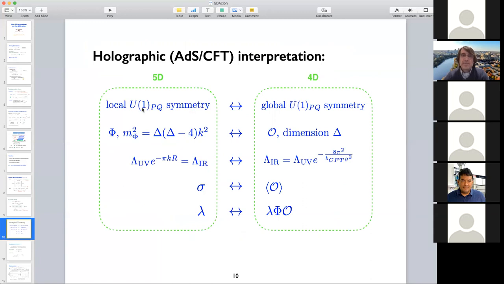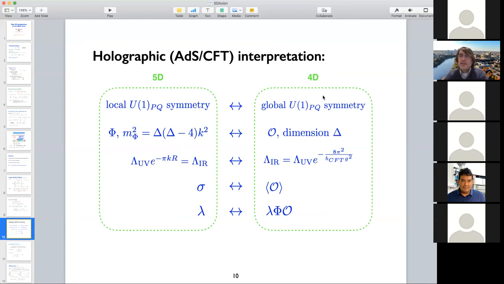So indeed, I put a Peccei-Quinn symmetry in the bulk. I chose this delta parameter. By the way, this delta parameter was just related to the bulk mass, so just think of delta as a bulk mass parameter. I had the warp factor in the bulk, and I had these two parameters, sigma and lambda. But you can map all these parameters to a 4D gauge theory, where you do have a global symmetry, where you turn on an operator, a condensate of the Peccei-Quinn symmetry of dimension delta.